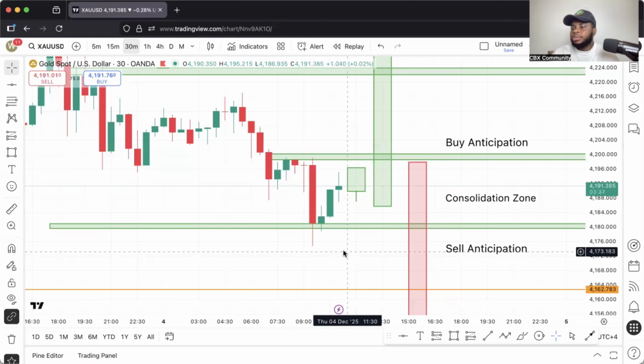The candle is about to close with a rejection bullish candle, but it is left with 3 minutes before it closes. So let's be patient. We don't need to do anything.